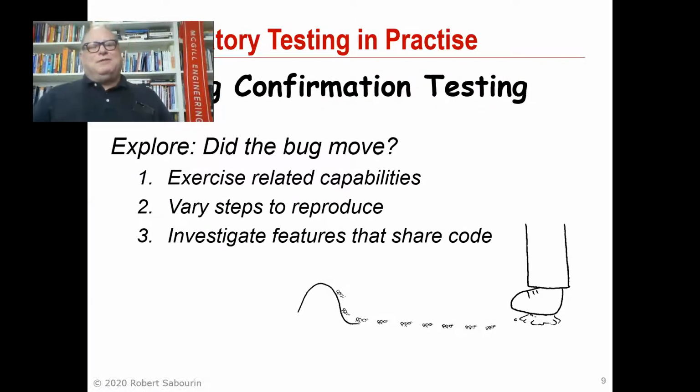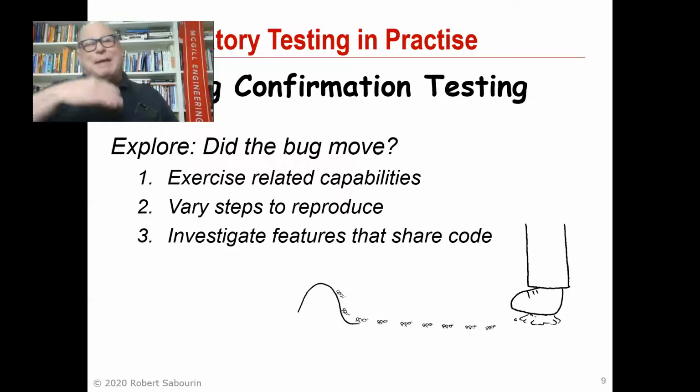There's concern if the bug moved. So what you'll do to explore whether the bug is moved, and you don't know if it's moved, you might say, okay, what are related capabilities? So what parts of the system use the code that was modified to fix the bug, or use the object that was modified to fix the bug, or use the stored procedure that was modified to fix the bug, or the data that was modified to fix the bug.